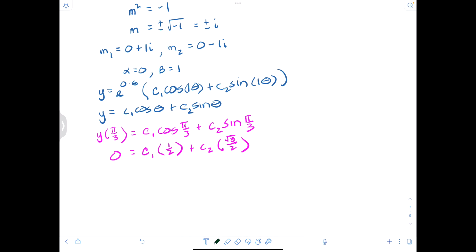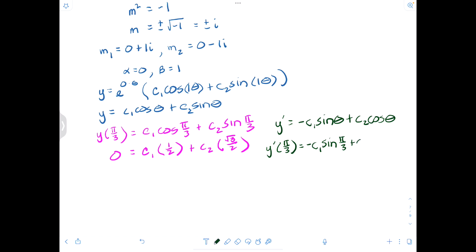So y prime now will be equal to negative c1 times sine at theta plus c2 times cosine at theta. Y prime at pi over 3 is negative c1 sine at pi over 3 plus c2 times cosine at pi over 3.